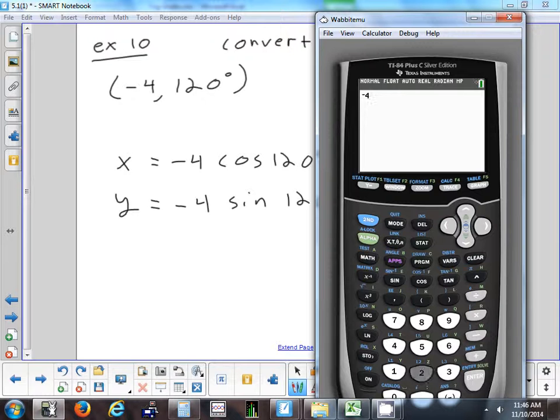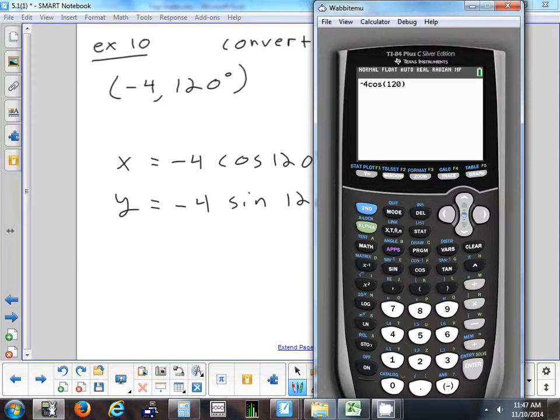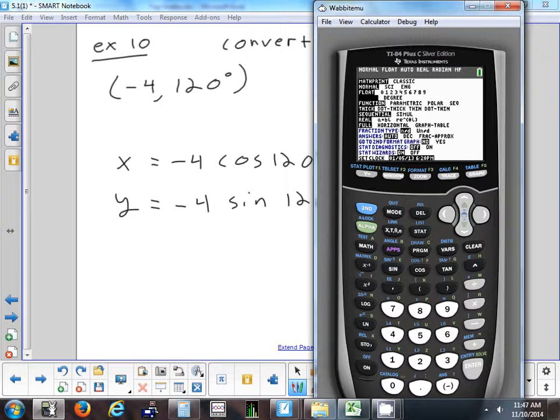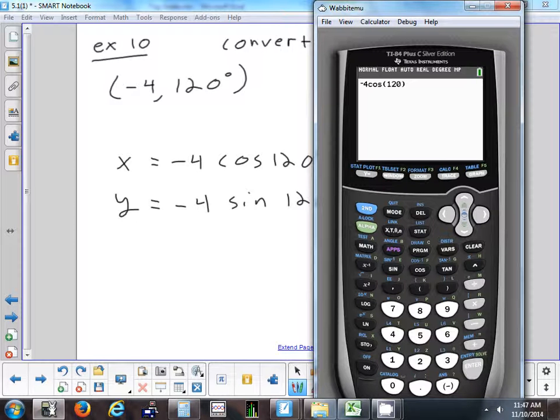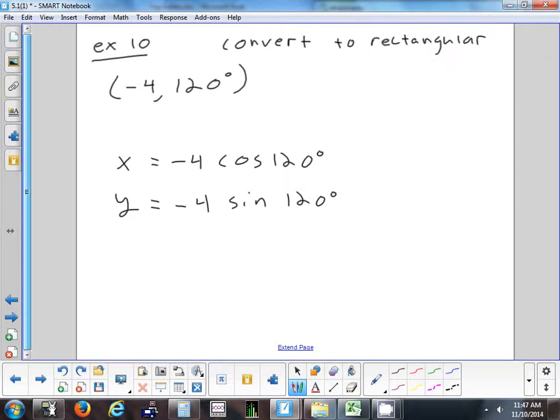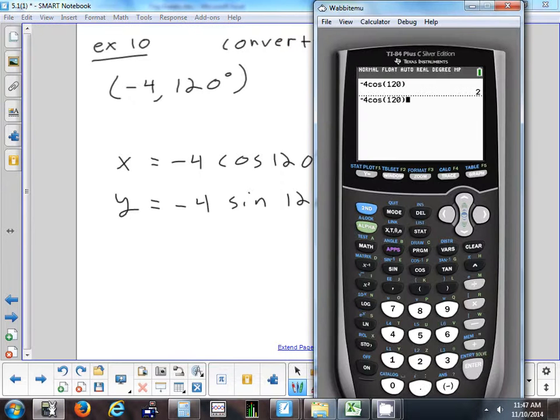So, -4 cosine 120. Okay, before I hit enter, what do I have to be careful of? If I hit enter right now, this is going to give me the wrong answer. It's still in radians from the last problem. Okay, and I know this is a degree because 120 had a degree symbol on it. Okay, so we get 2 for that, and for y, let's type the same thing in, change cosine to sine.